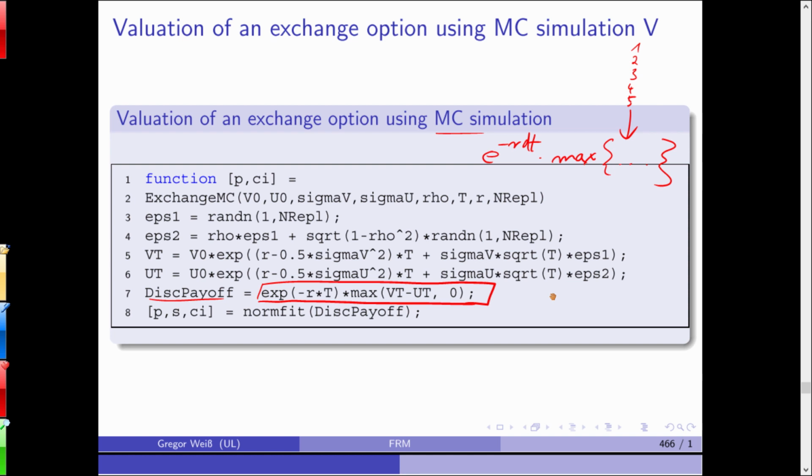Epsilon 2 is rho times epsilon 1 plus square root of 1 minus rho squared times randn, again, with nRepl as the number of simulations we are running. So if we set nRepl to 10,000, we're using 10,000 simulated asset paths. If we are using just nRepl equal to 10, we'll only have 10 simulated asset paths.